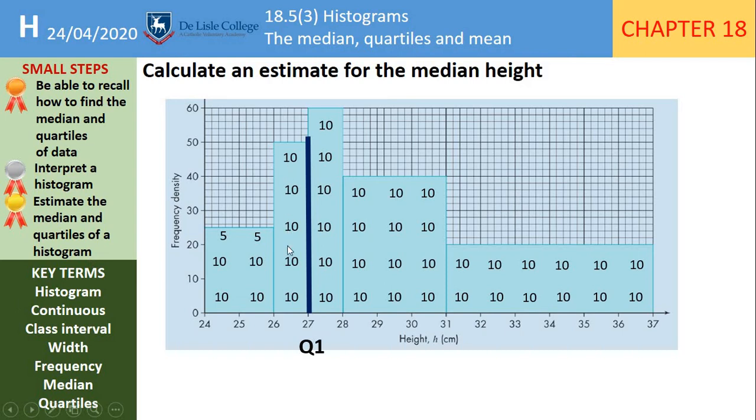So 10, 20, 30, 40, 50, 60, 70, 80, 90, 100. So my lower quartile is 27. My upper quartile Q3, if I just count backwards, I want 100 this way now. So 10, 20, 30, 40, 50, 60, 70, 80, 90, 100. I can clearly see that I have to partway split this bar.